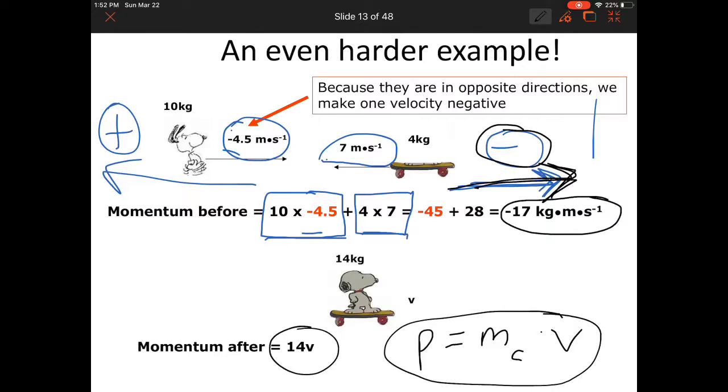So you can sub this in very easily. The momentum after has to be the same. So I'm allowed to make this substitution. And then Snoopy and the skateboard's mass is 14 combined times some unknown velocity. So all we're doing is solving for the velocity value.